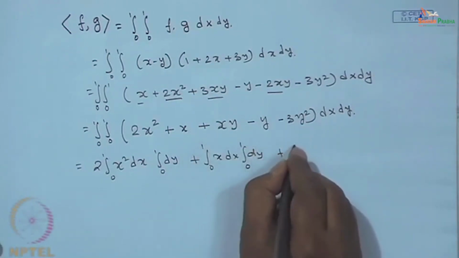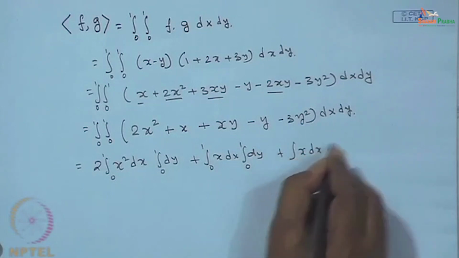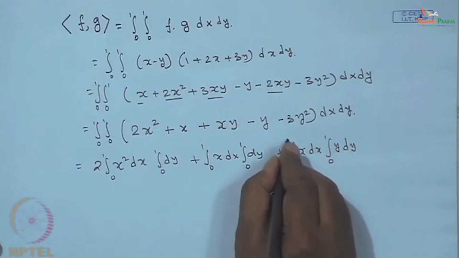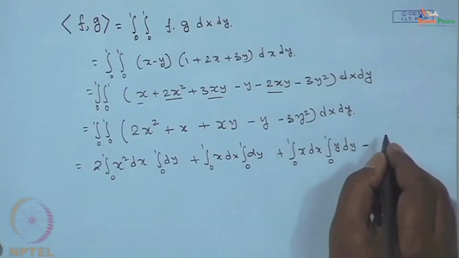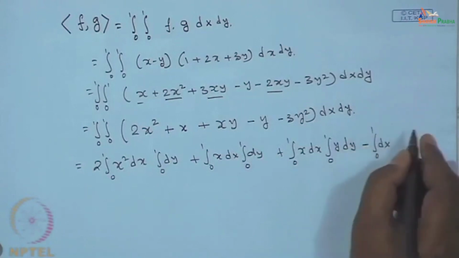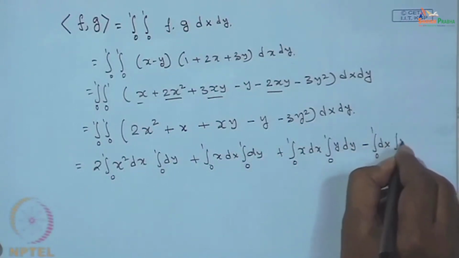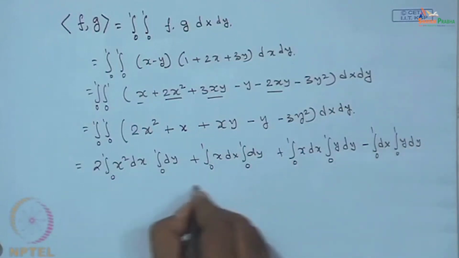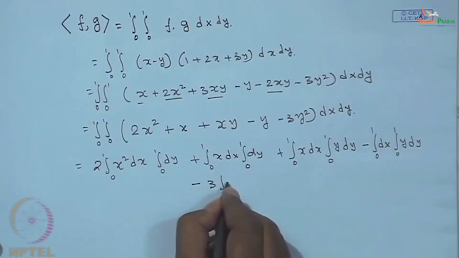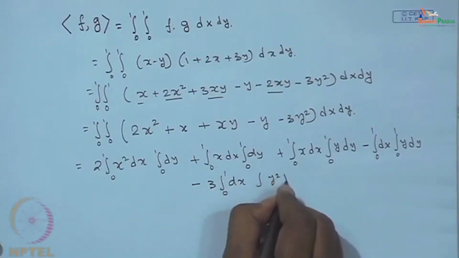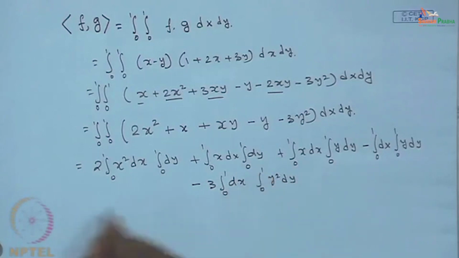Third term will be integration of x dx, integration of y dy. Fourth term will be integration from 0 to 1 of x multiplied by y dy. The last term will be 3 integral dx from 0 to 1, y square dy from 0 to 1.